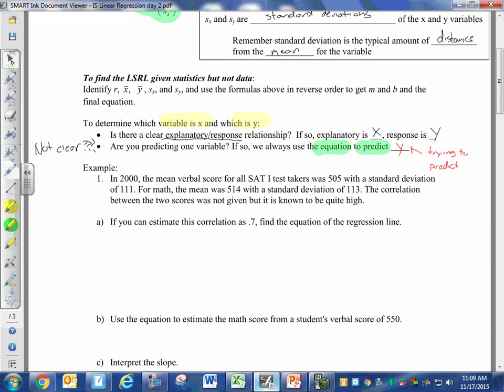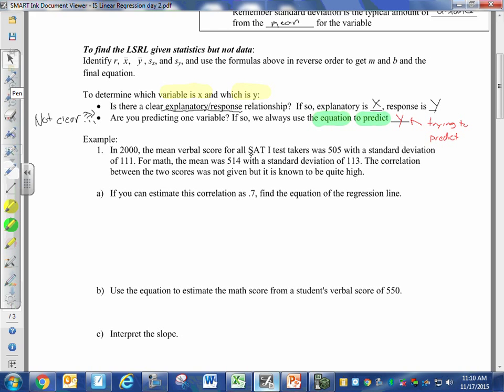I'm going to look at A, B, and C. Right now, just by looking at it, we have these math SAT scores and these verbal SAT scores. I can't think of a relationship with one causing the other or one explaining the other. So right now, I'm not sure there's a clear relationship. There's no clear response or explanatory.